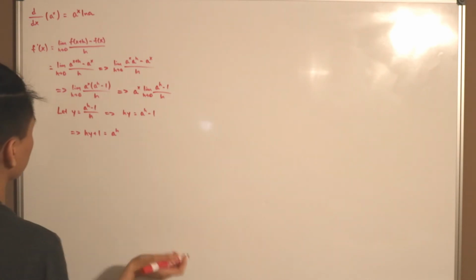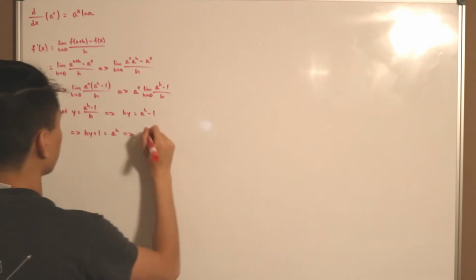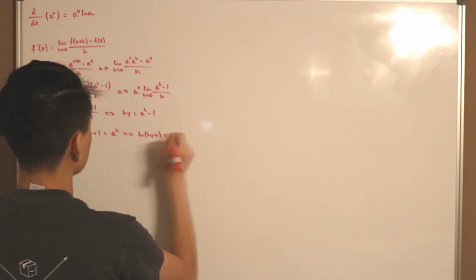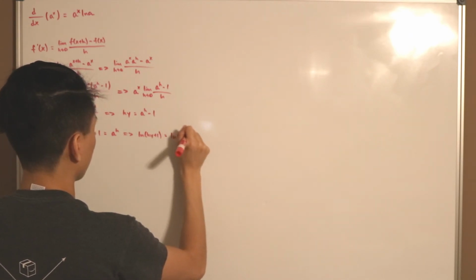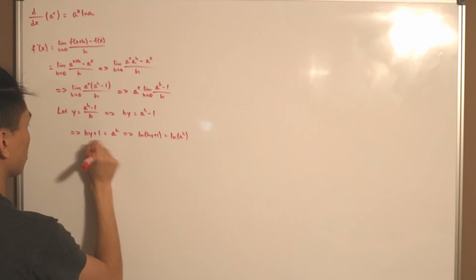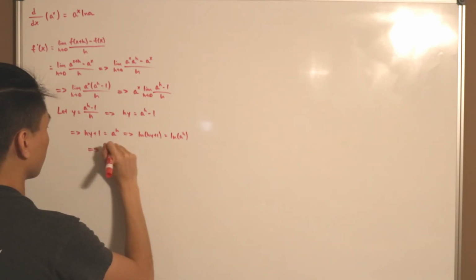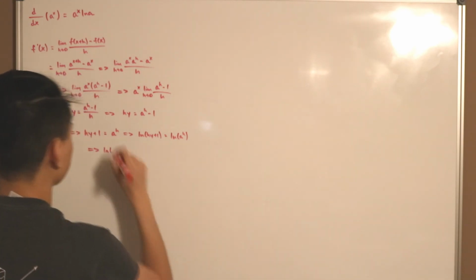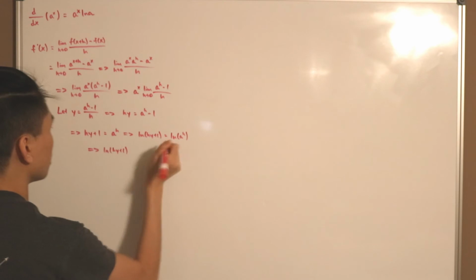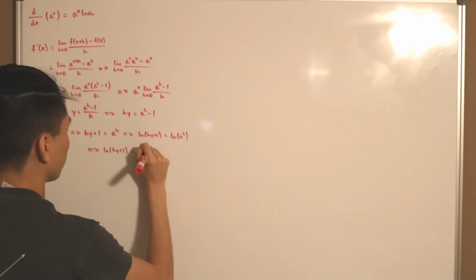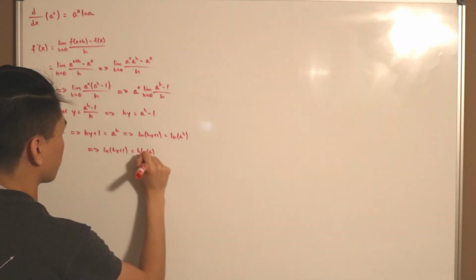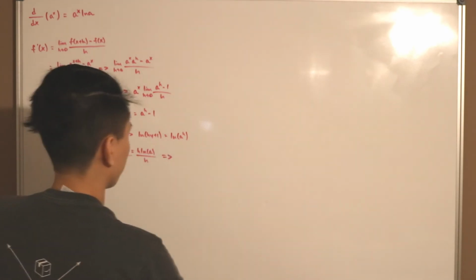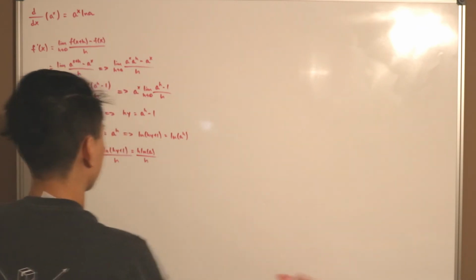Then take the natural log of both sides, so natural log of hy plus 1 equals natural log of a to the h. The h comes down to the front, and then we divide both sides by h to get, I'm going to write this right over here.